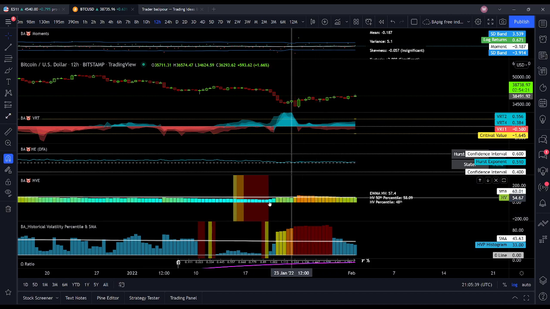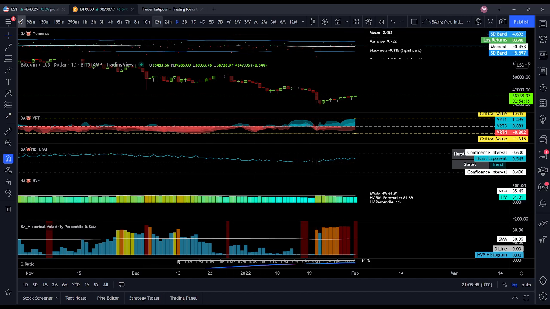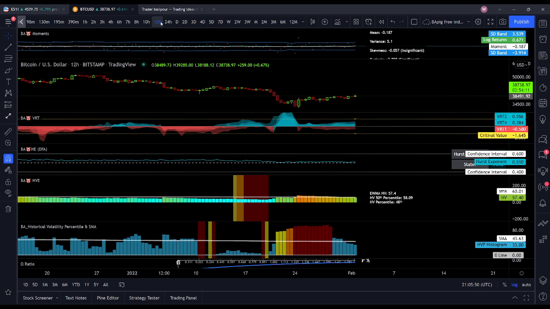Putting those together, the daily might not have seen that, but you definitely saw it on the 12 hour. So being able to zoom in, being able to use these time frames to your advantage is huge.